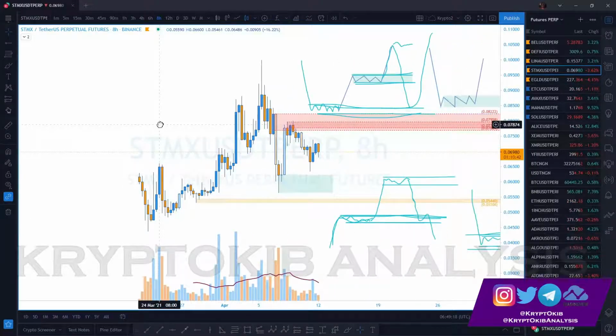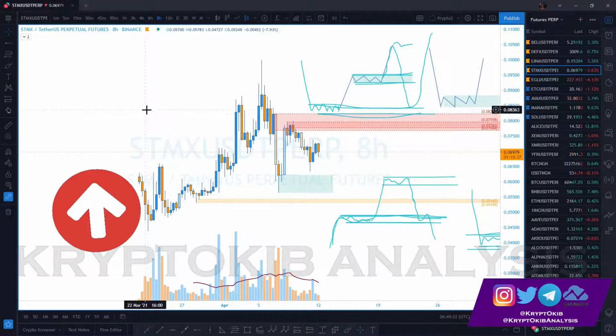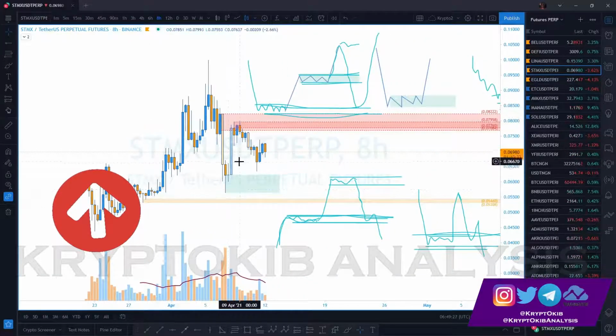Another way, and the easiest way you can use to identify zones, even if the zones are formed mid-trend. Like I said before, you either use the wick to the bottom or you use the open and the close to the bottom. So in the next video we will talk about that in detail.